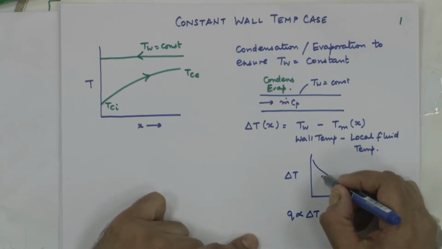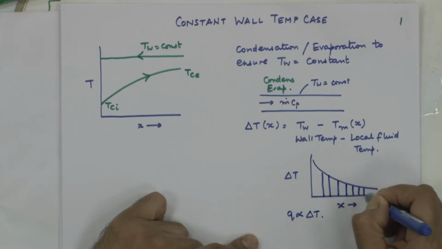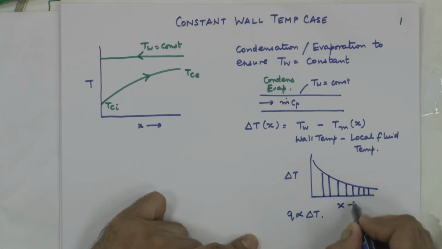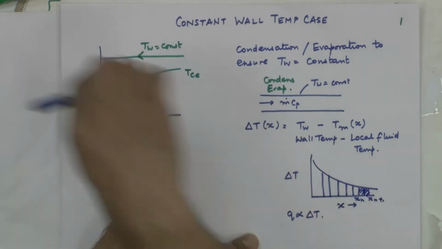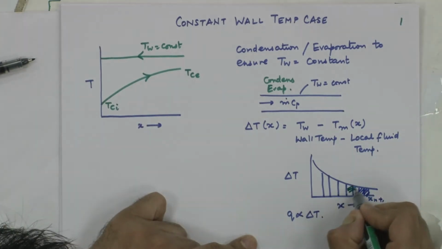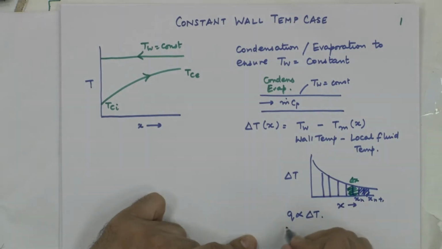So, the heat transfer in every subsequent region: if I increase the length from say xn to xn plus 1, the additional heat transfer that you get in that additional length is going to be smaller than what you would have got in the previous delta x region. So, Q between delta x and delta x minus 1 would be greater than Q between delta x and delta x plus 1.